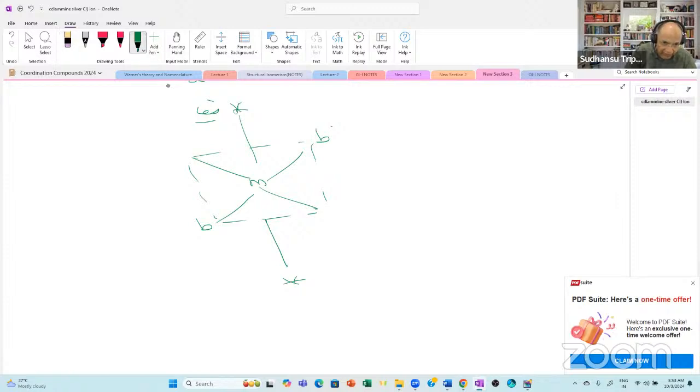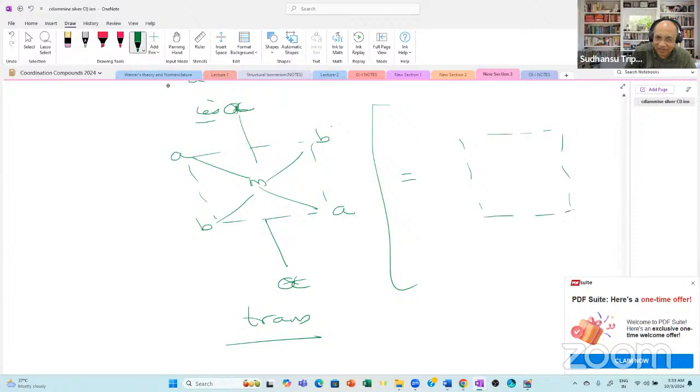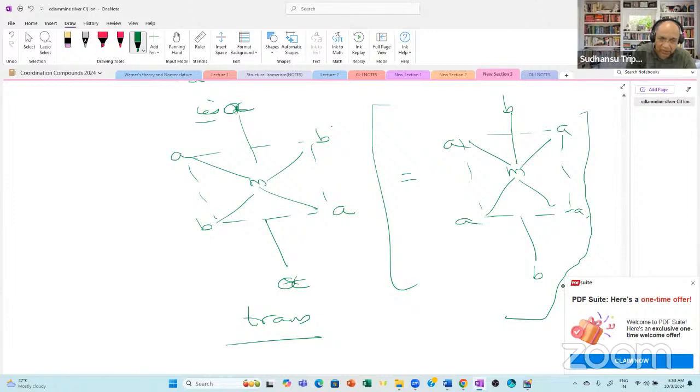So BB opposite and other A, they will remain in other positions. This is trans. Just drawing for the sake of your clear understanding. So BB can be written here. This is same A. So this is same. So there are 2 isomers, cis and trans, and each one is achiral.